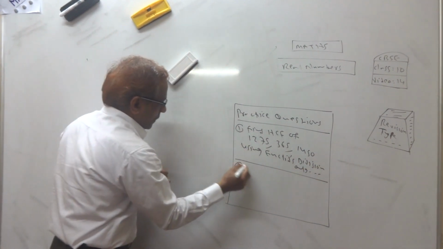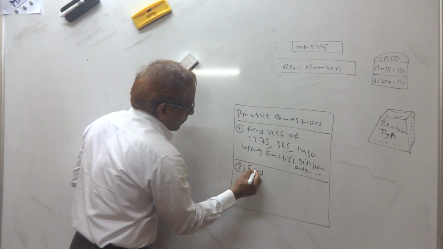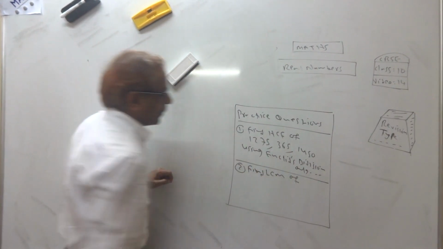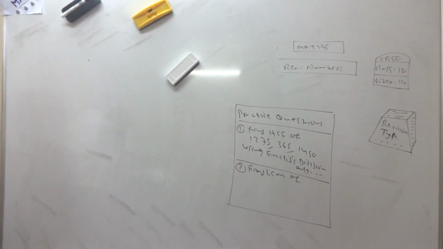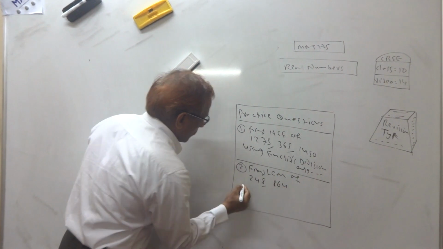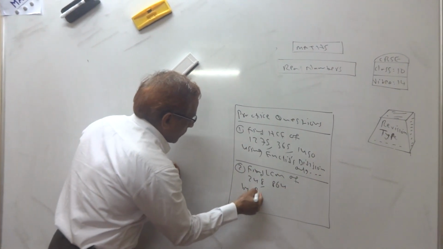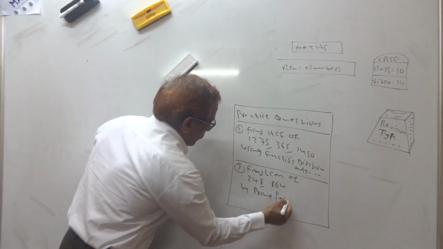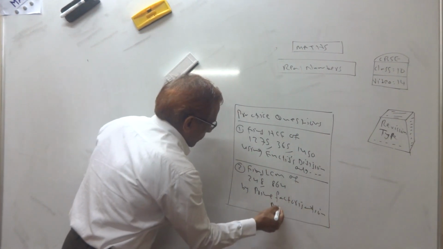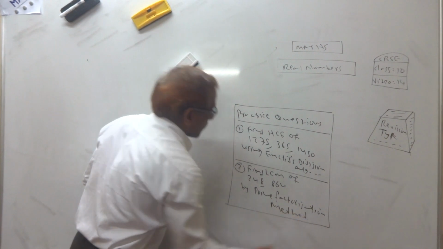Okay, this is one question. Find the LCM of two numbers, 248 and 864, by the prime factorization method. So these two answers you can check in the next video.